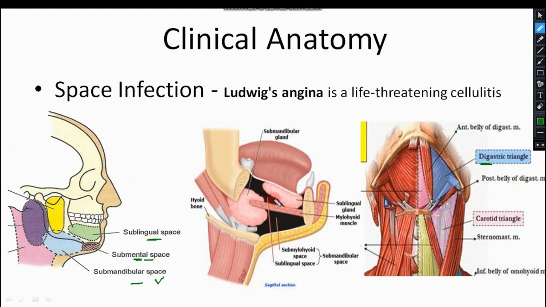Any source of infection entering the floor of the mouth, it can be due to faulty tooth extraction, implant surgery, or needle puncture, can lead to spread of infection in these following spaces. So the infection spreads all over this region.